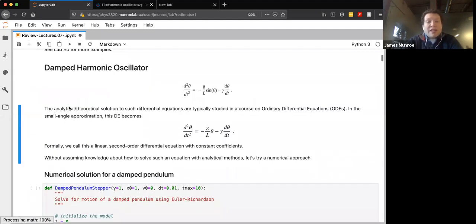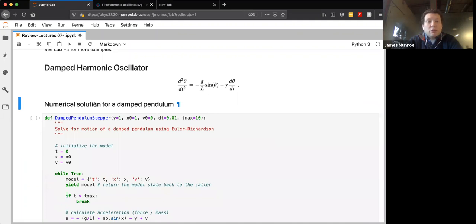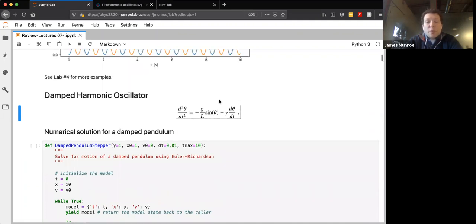So I'm just going to call this equation a damped harmonic oscillator right now. The important point is that it's the same basic idea, where we've added a new term to it.